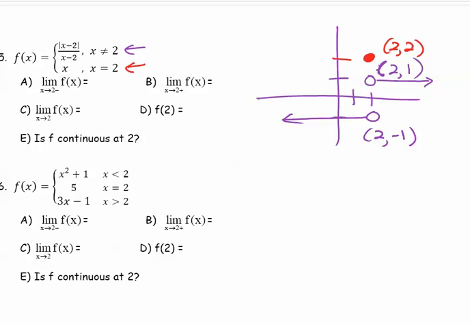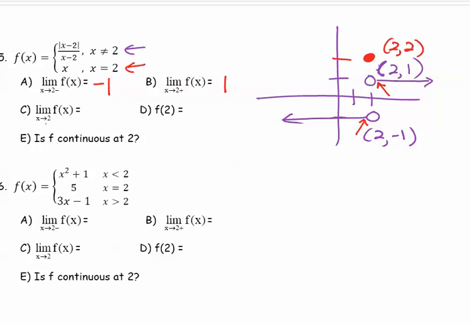So now let's answer our questions carefully. The limit as x approaches 2 from the left side, we're looking right here on our graph. The y-coordinate gets as close as we want to -1. As x approaches 2 from the right-hand side, the y-coordinate approaches as close as we want to 1.